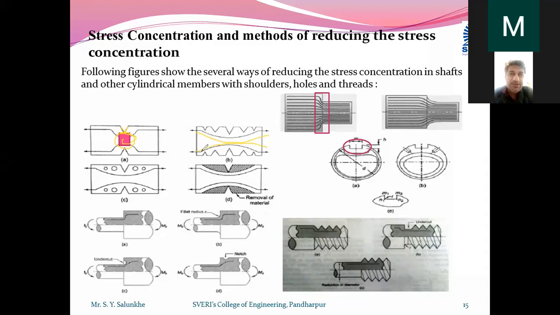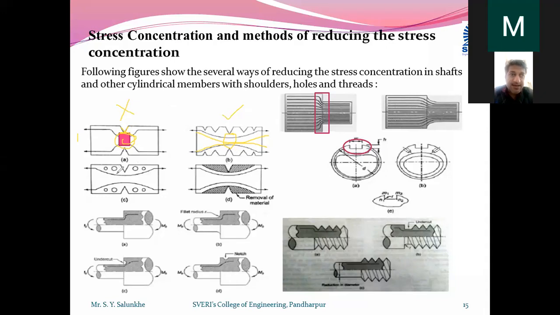Likewise, instead of concentrating at one point, this streamline is going to get diverted from the initial point. So this is the preferable one. And here, this is not preferable because at one point you are going to concentrate the stress. This is the first example of the remedies for removing stress concentration.